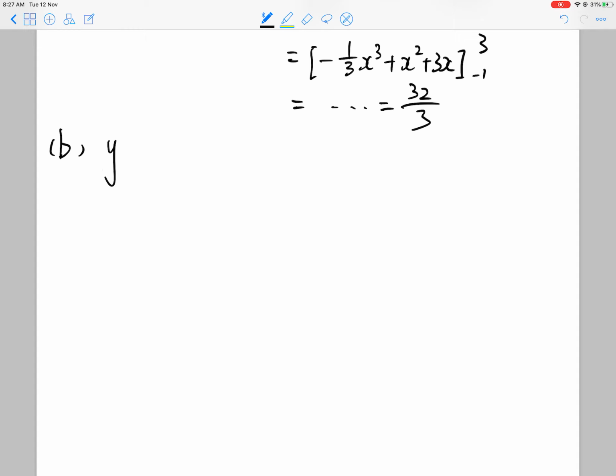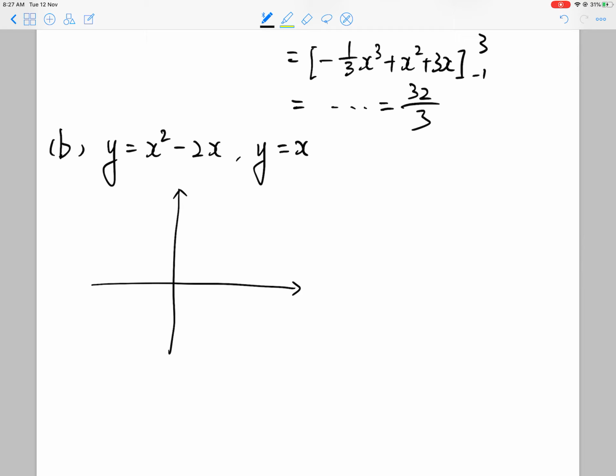Part B, y is x squared minus 2x and y is x. The same way, to draw the quadratic equation, you find out when y equals 0, and because x squared is positive, it's like this, and y equals x is a straight line like this.